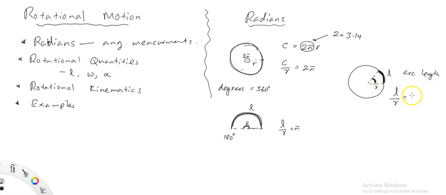So this angle over here, theta, when you divide an arc length by the radius, we get an angle that is the angle given in radians. That's the idea of radians. When you divide an arc length by the radius, you get whatever that angle covered in that portion, in the units of radians, right? So how big is a radian?